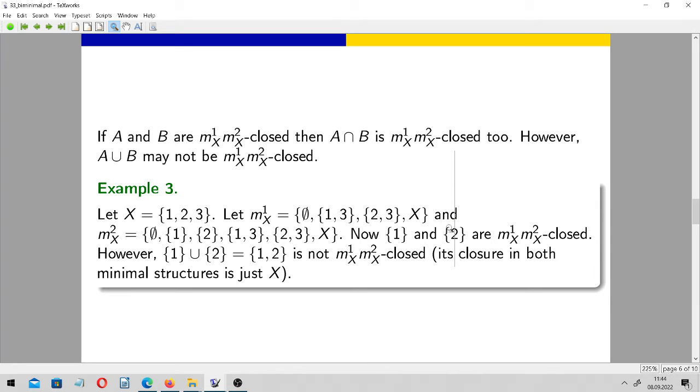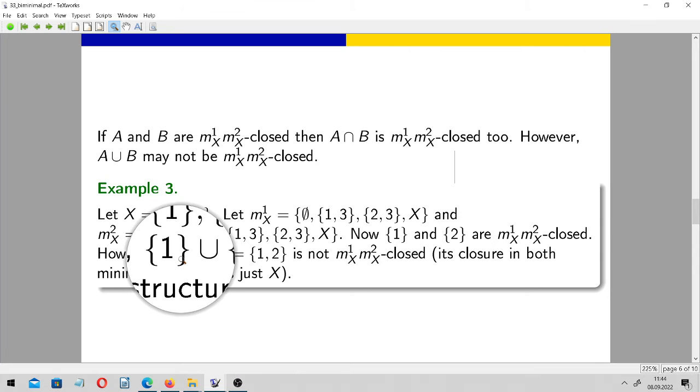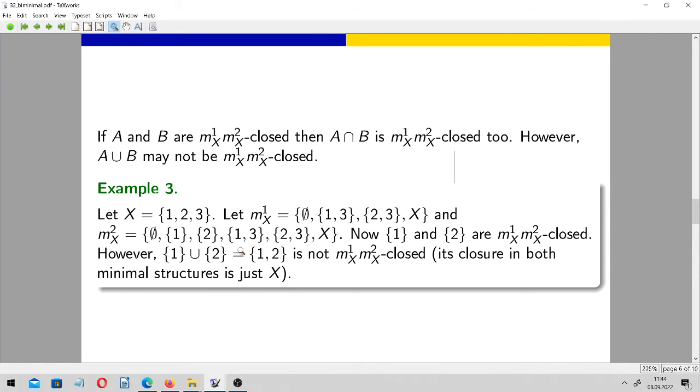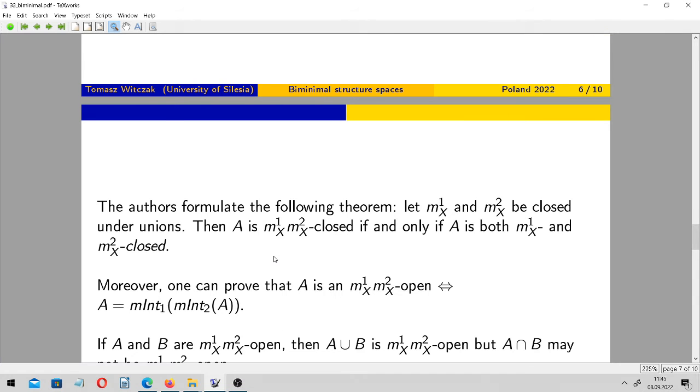Similar reasoning may be applied to the singleton of 2. But on the other hand, their union {1, 2} is not M1, M2 closed, because its closure in both minimal structures is just X. So it's different from the set {1, 2}.